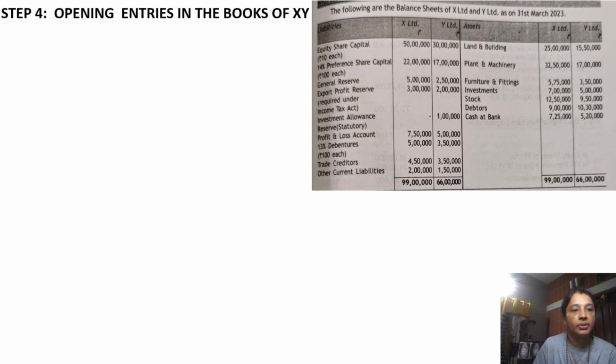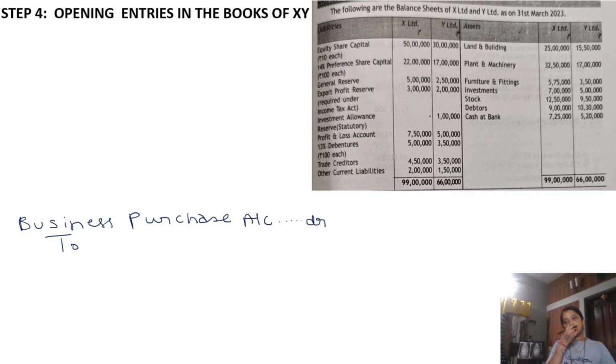Okay, the entry will be business purchase account debit to, now X company and Y company shareholders, what they do, they appoint people called as liquidators.